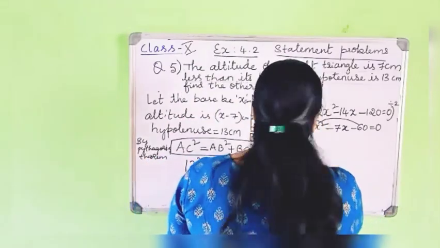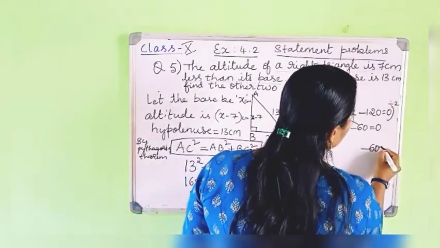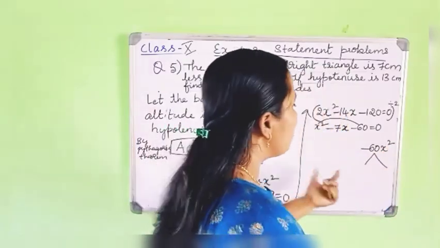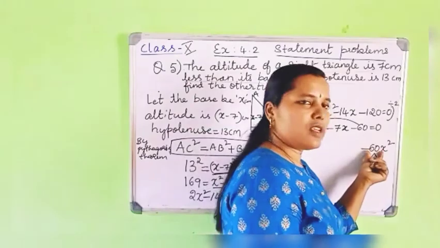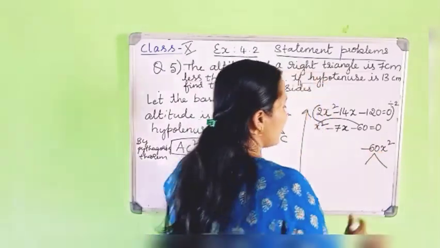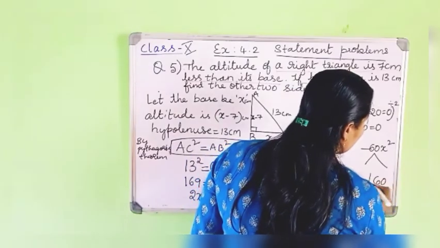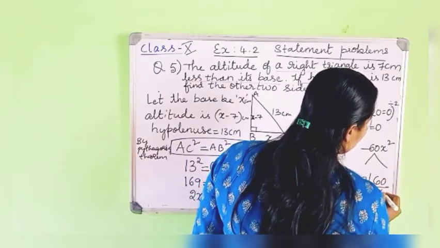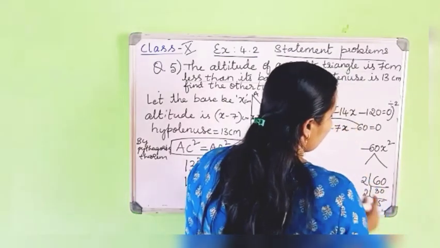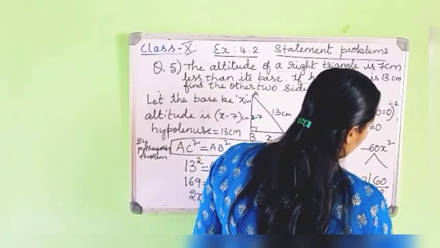We need two numbers whose product is 60 and whose difference is 7. If you don't know directly, you can use the factor method I taught you. 2 ones are, 2 threes are, 2 fifteens are. Is the difference of 15 and 4 seven? No. 5 twelves are.